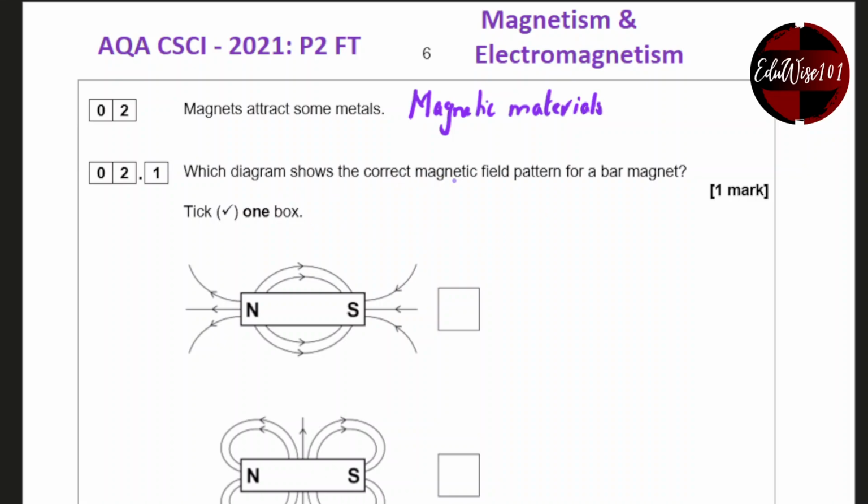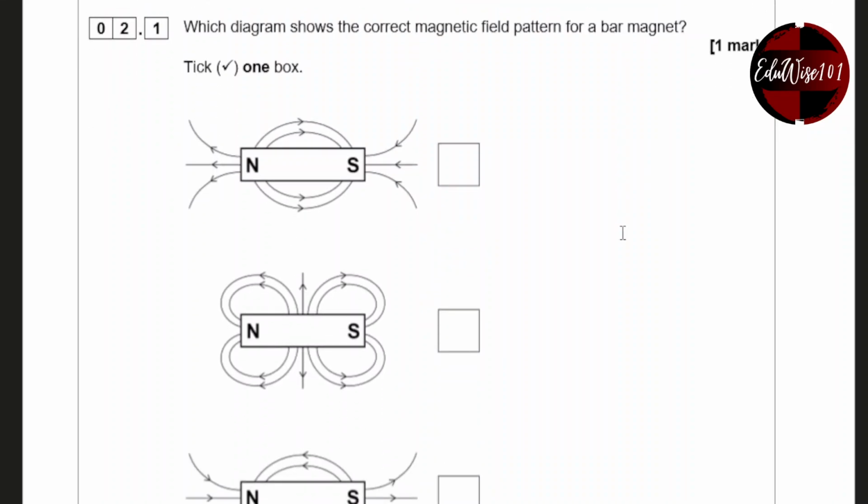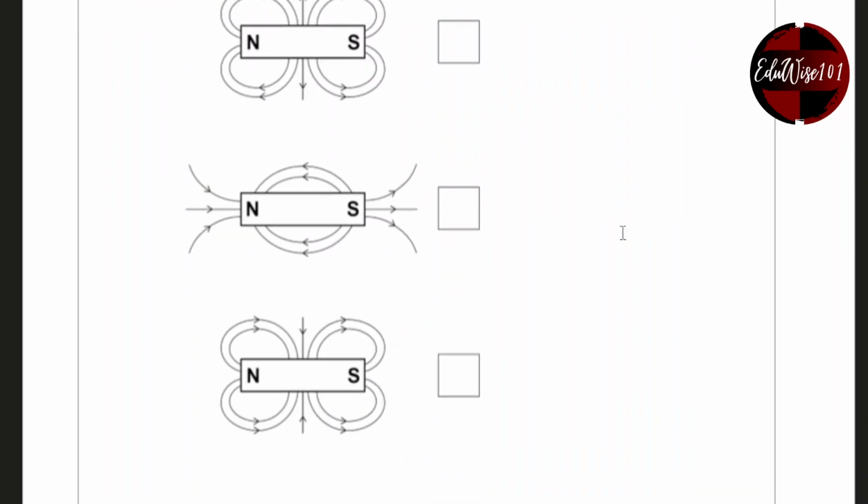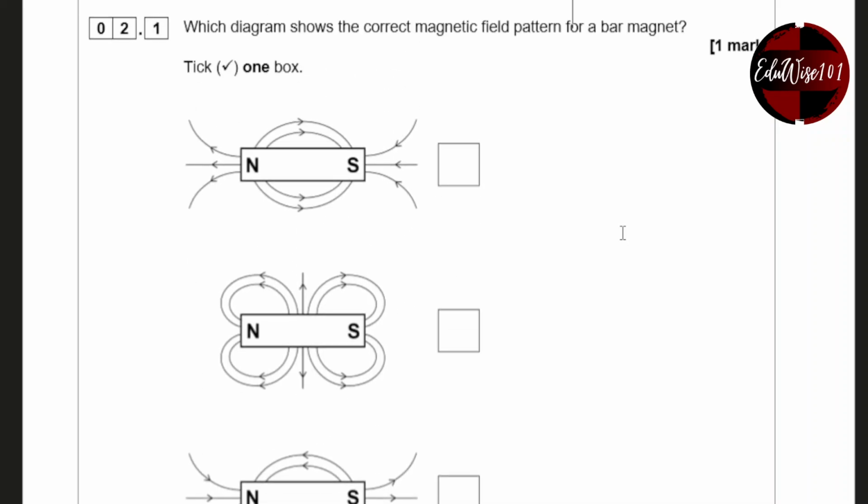Which diagram shows the correct magnetic field pattern for a bar magnet? Now, when you're looking at these 4 diagrams, what you should be looking for is a couple of things. Do the magnetic field lines go from north to south? It should be pointing from north towards the south pole of the magnet.